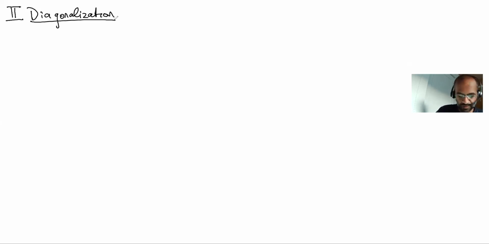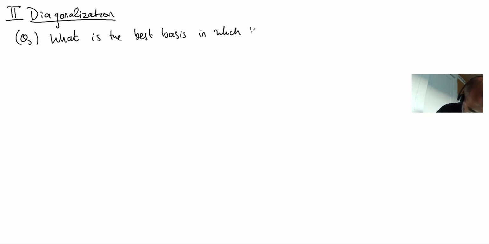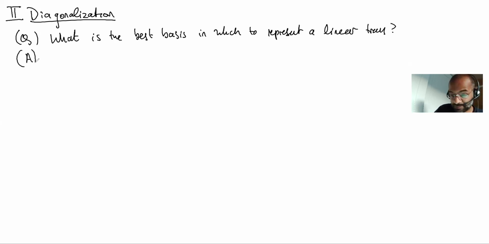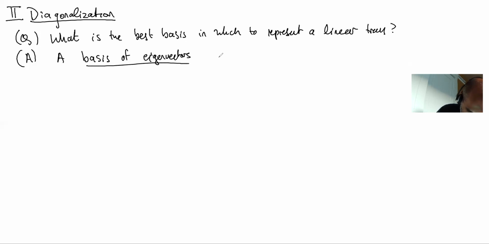So remember, we asked this question: what is the best basis in which to write a linear transformation? And I will tell you the answer. The answer is a basis of eigenvectors, if it exists.